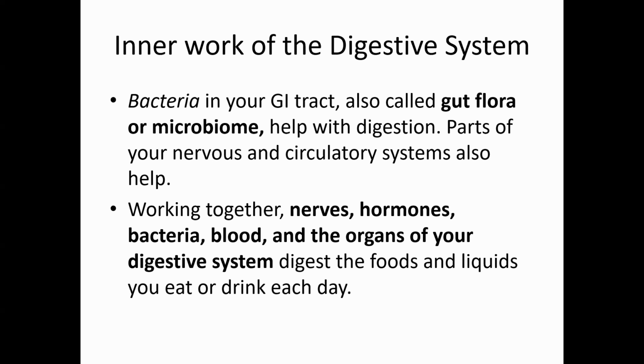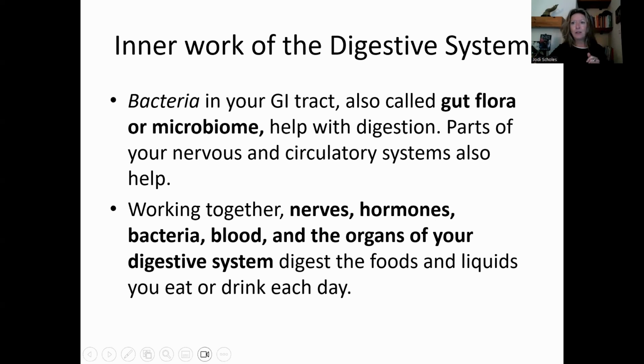In your GI tract, there's also parts of the nervous system and parts of the circulatory system. Because how in the world do nutrients actually leave the small intestine and get to the rest of the parts of your body? The muscles in my arm need to get fed. The muscles in my legs need to get fed. So there's nervous system and circulatory system connections to your digestive tract.